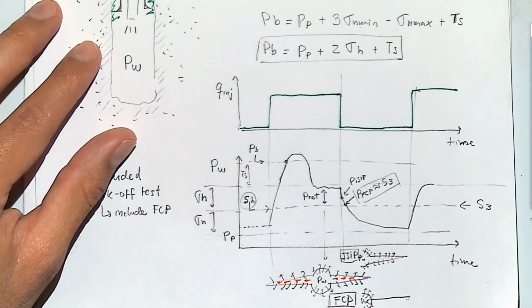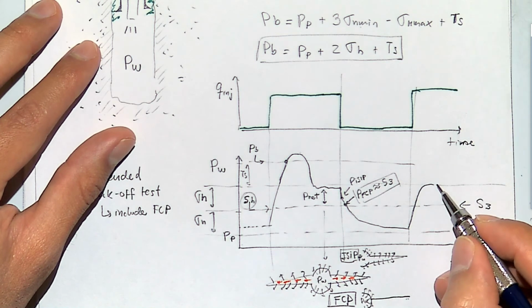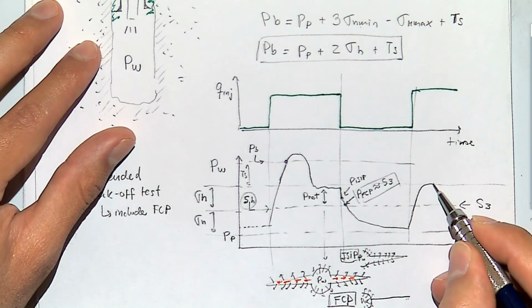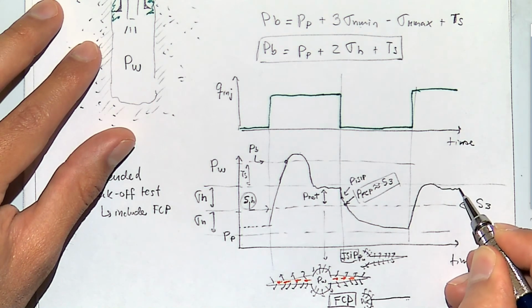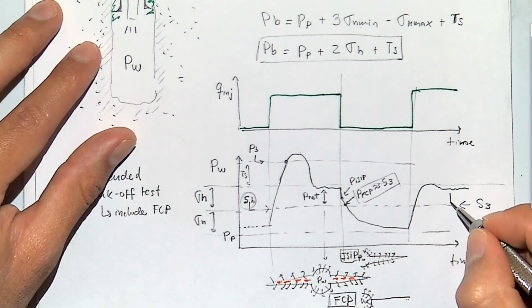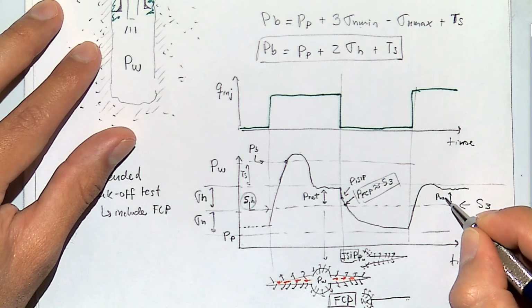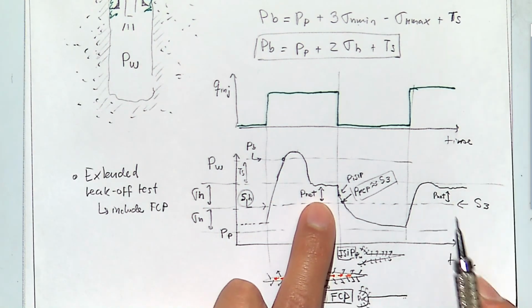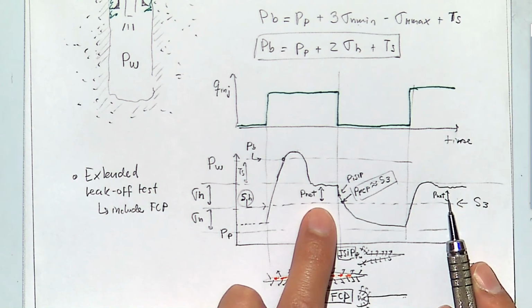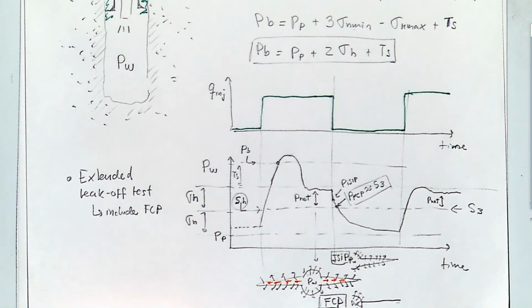Once you reopen the fracture and continue pumping, probably it's going to come back to the same pressure we had before, and it's going to propagate at a given net pressure.